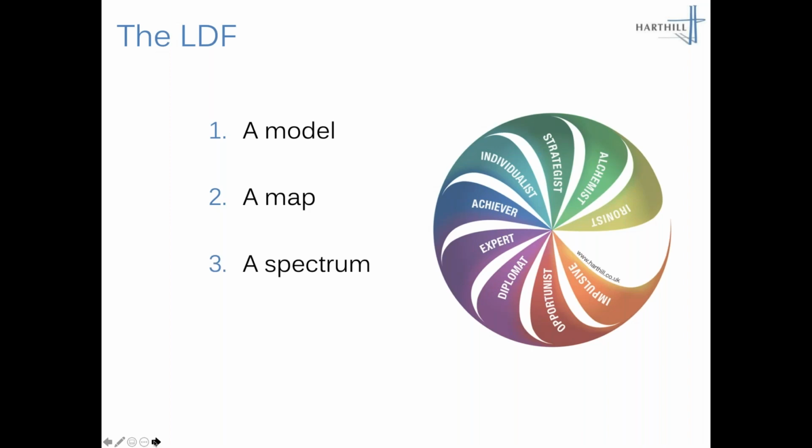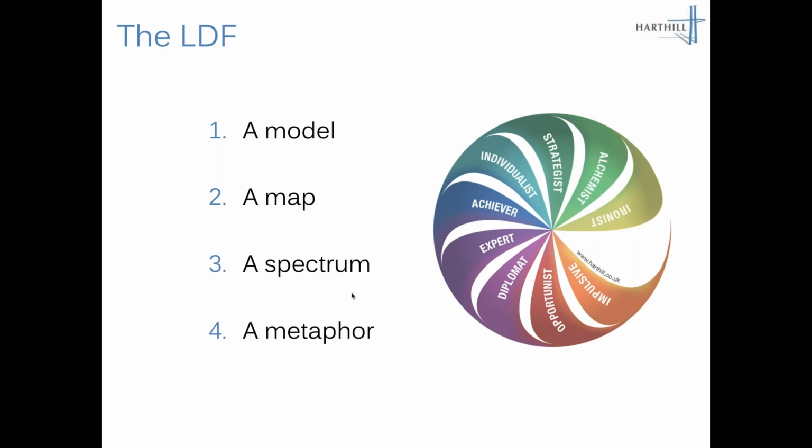It's also a spectrum. So the Leadership Development Framework refers to a spectrum of meaning-making capacities that begin, as you can see here in the little graphic, at impulsive, which might be associated with earlier meaning-making, and moves right through to strategist, alchemist, ironist meaning-making, which relates to much later stage sense-making.